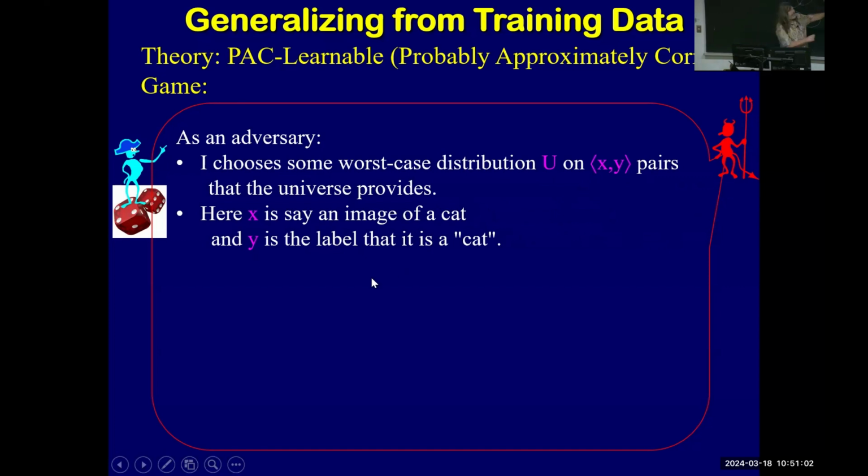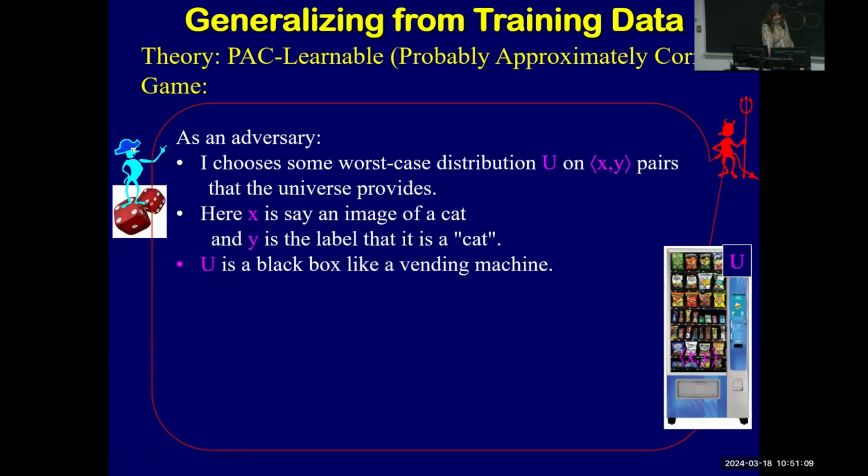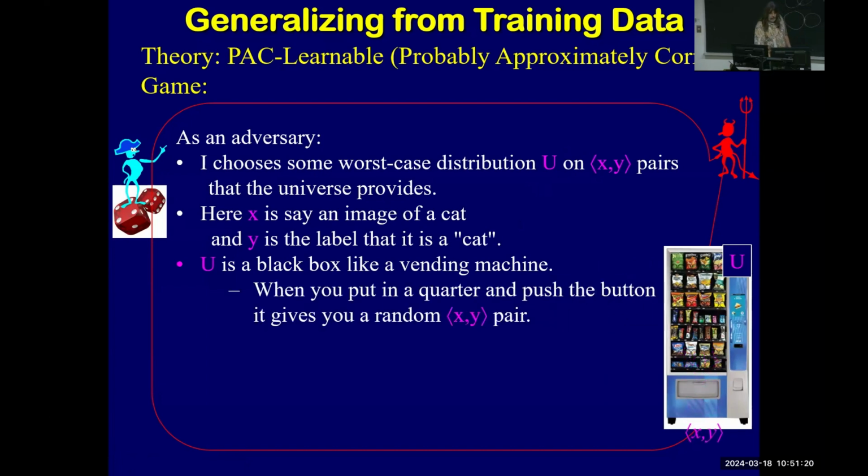I mean, here we had it real value, but in general, right, could be something like that. And then what is our distribution? What is our universe? It's a black box machine. And what do you do with this machine? You put in a quarter and push a button. And what comes out is a random pair, right? You put in another quarter, push the button, you get another random pair.